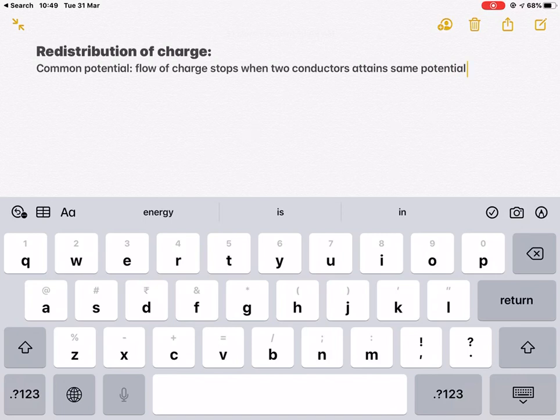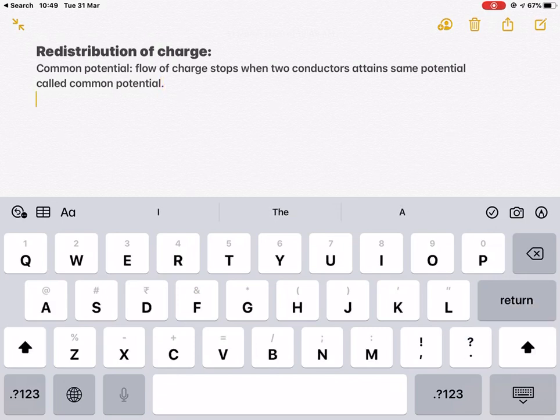That same potential is called common potential. So now we will be deriving the expression for this common potential. How you can calculate this common potential.